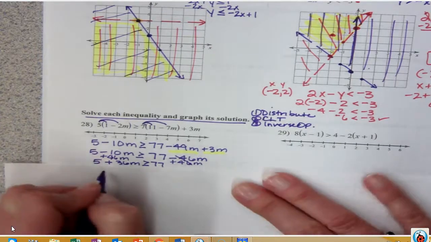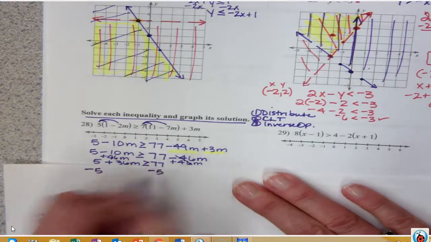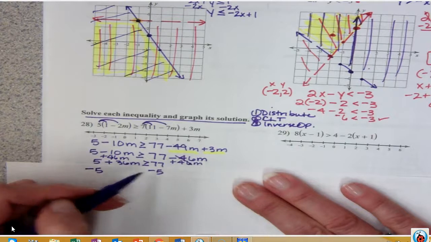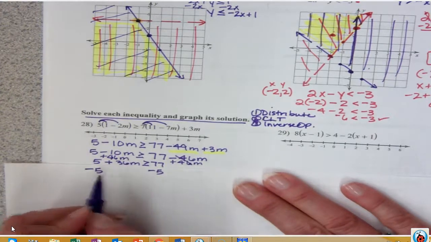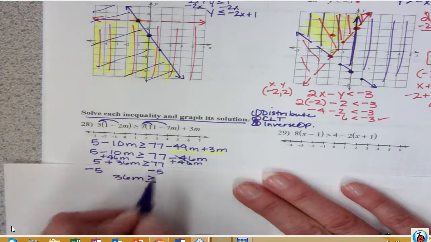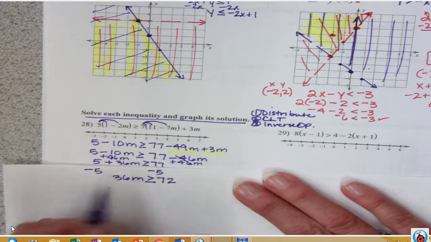Here we go. Now I can subtract 5 from both sides. Use my inverse operations, 5 being added to 36m, and so I subtract it, so I get 36m on the side, greater than or equal to 77 minus 5 is 72.